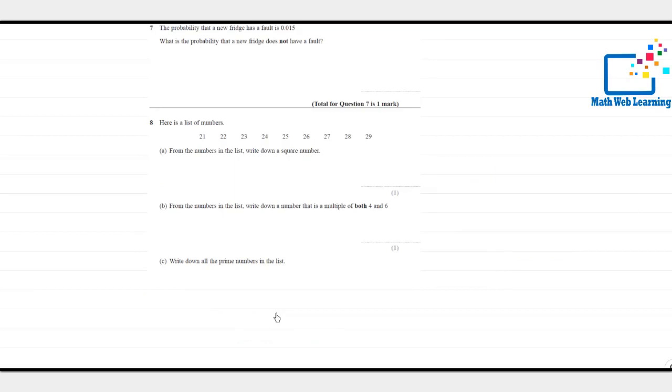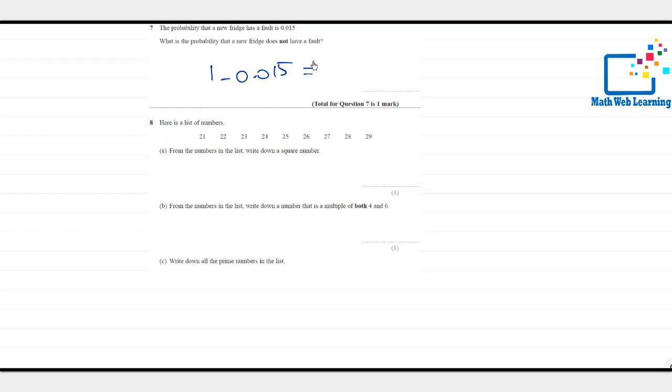Next question. Question 7, and we're going to do question 8 together. Question 7 is on probability. It says the probability that a new fridge has a fault is 0.015. What is the probability that the fridge does not have a fault? To work that out, you do 1 minus 0.015.